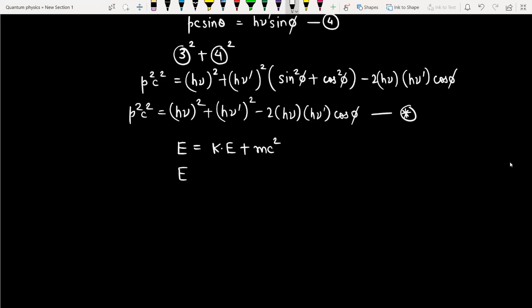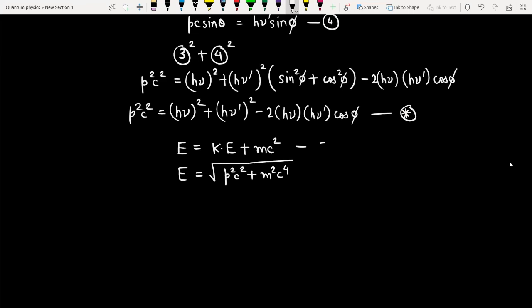Also we can write energy as under root p square c square plus m square c raised to the power 4. This is a very important expression. We'll derive this relation in some other video, but I assume here that you know this expression. It's a very famous equation, and everybody must know this.